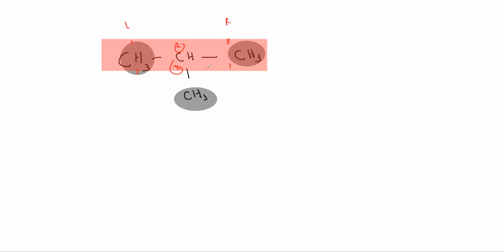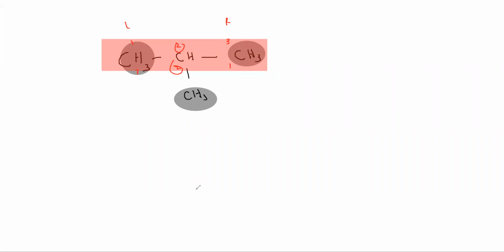Then how to name this? The position of the branch. Which position do we have a branch? The second position we have a branch. So if the second position has a branch, what will we write?